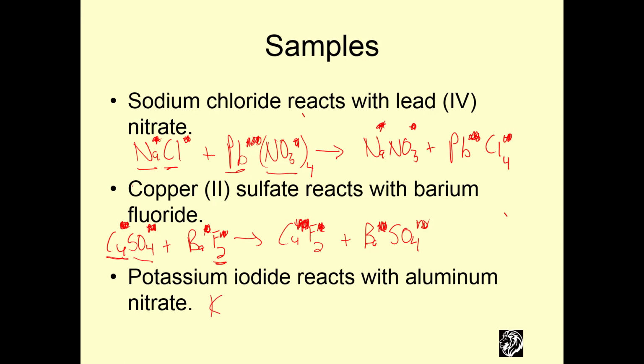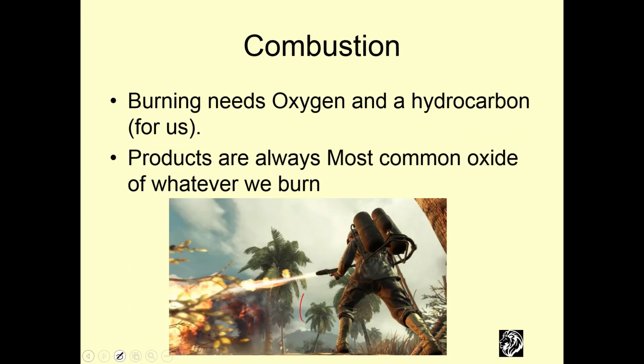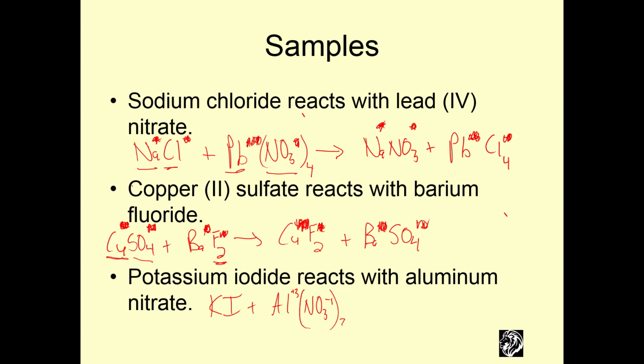Potassium iodide, KI, that's +1 and -1, reacts with aluminum +3, nitrate, NO3 -1. So this is +3, this is -1, so it takes three of them to cancel it out.